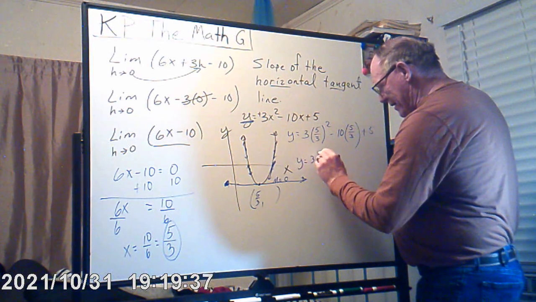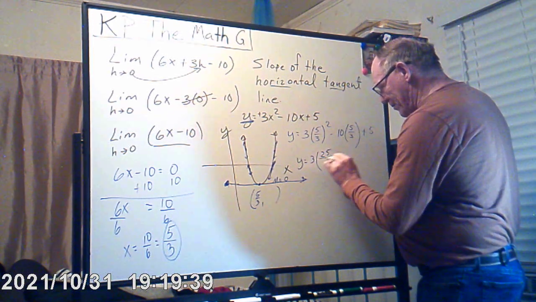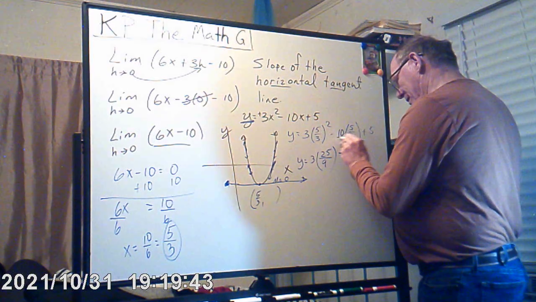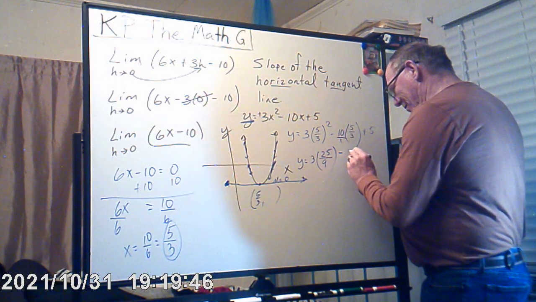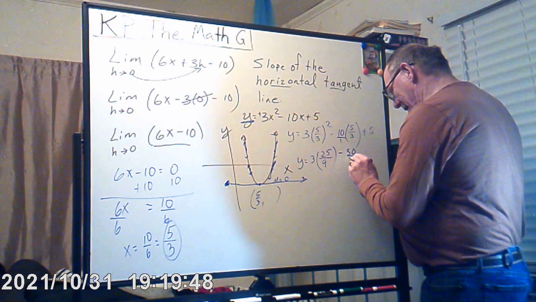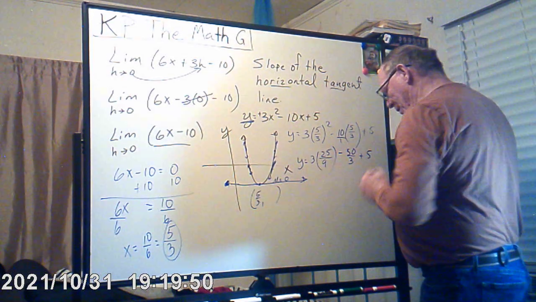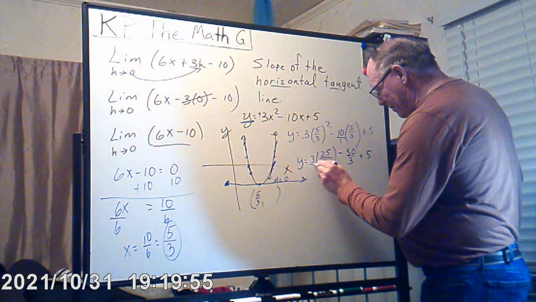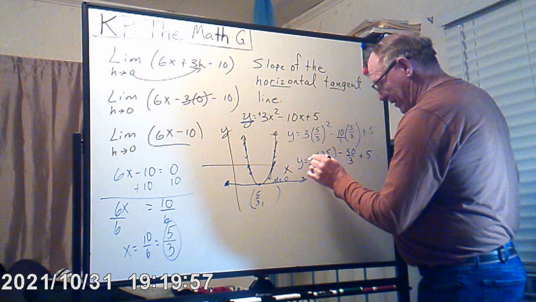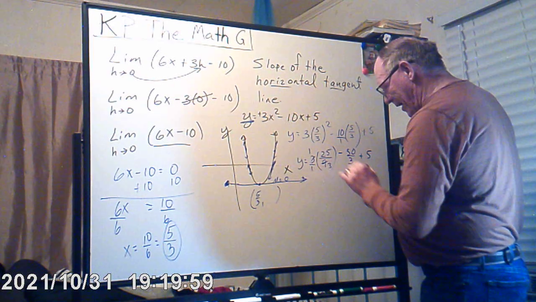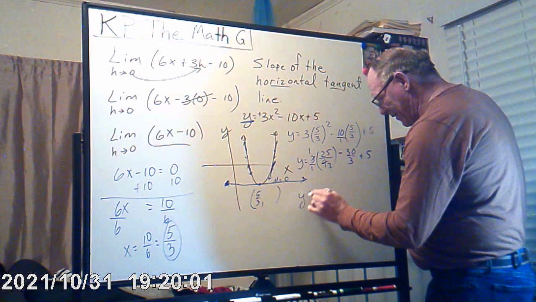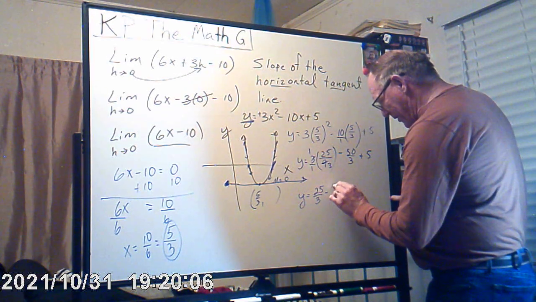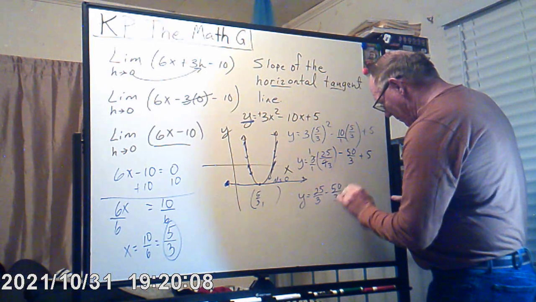So 3 times 25 over 9 minus 10 over 1 times 5 is 50 over 3, plus 5. Now this 3 will divide out with the 9: 3 goes into 3 one time, 3 goes into 9 3 times. So y is equal to 25 over 3 minus 50 over 3 plus 5.